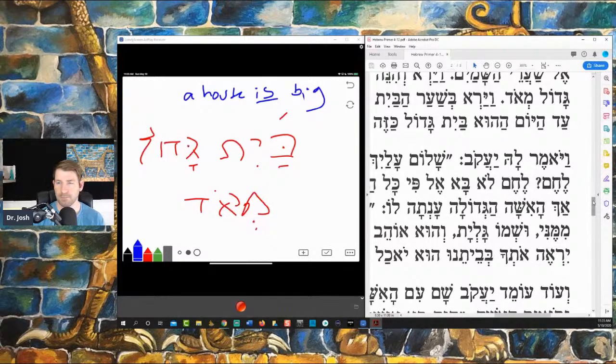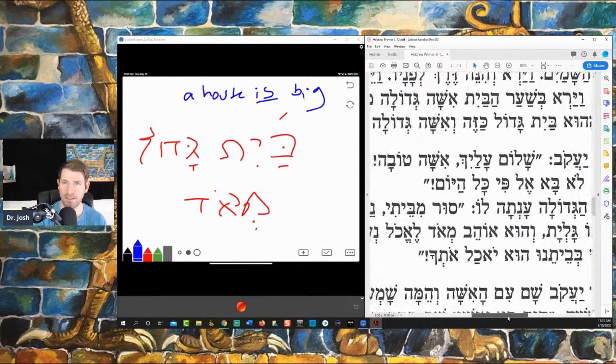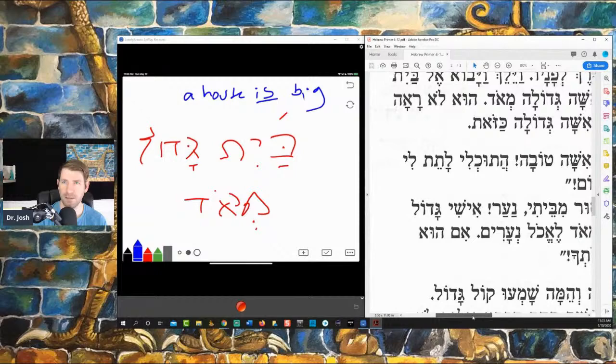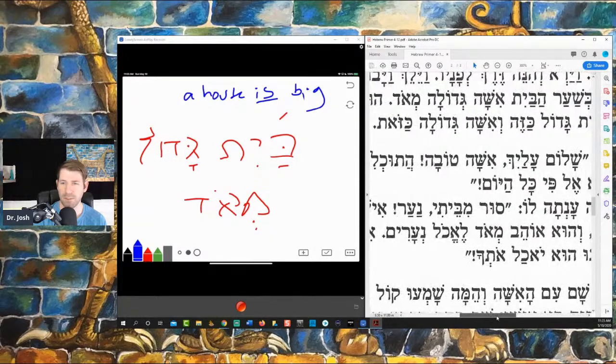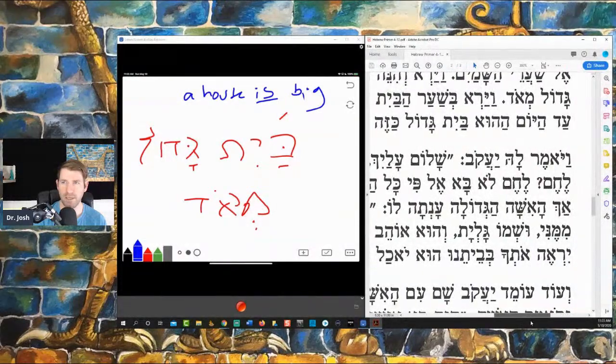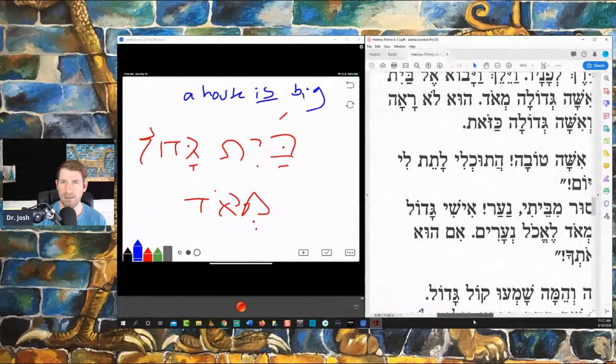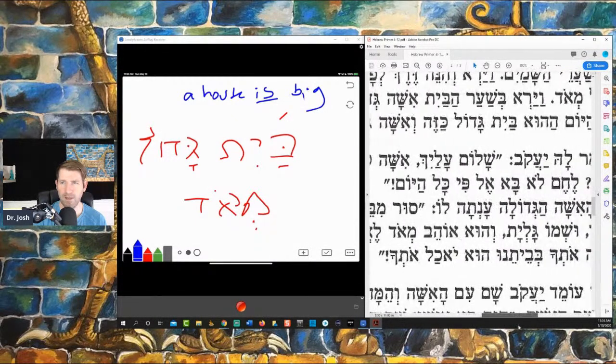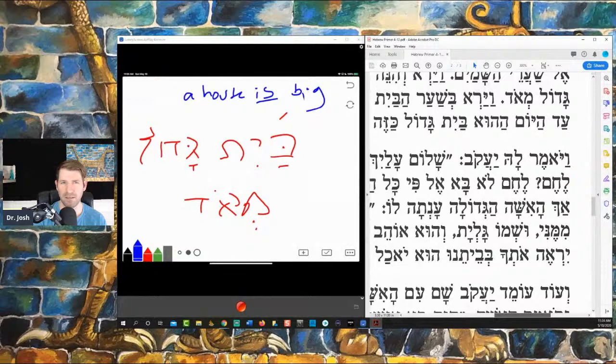And actually, I've forgotten the rest of the sentence. Oh, yeah, okay. So we could say, and he went, and he came to a house is very big, right? But that doesn't make any sense at all, actually. So we're probably not looking at a predicate here.